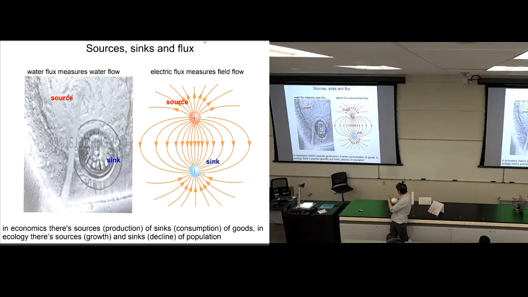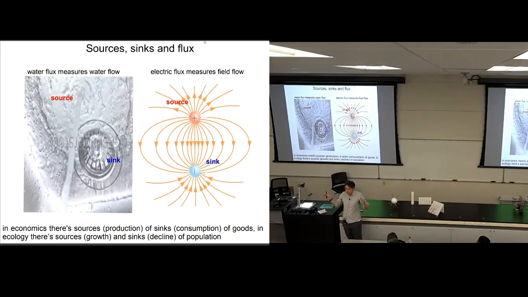And then the lines of electrical field really represent the flow or flux of the electrical field in this arrangement of charges. So again, on left and right, we've got sources of water or electric field, we've got sinks of water or electrical field and flux, and we've got the flow of the water or the field. We've got the flux of the water or the field.